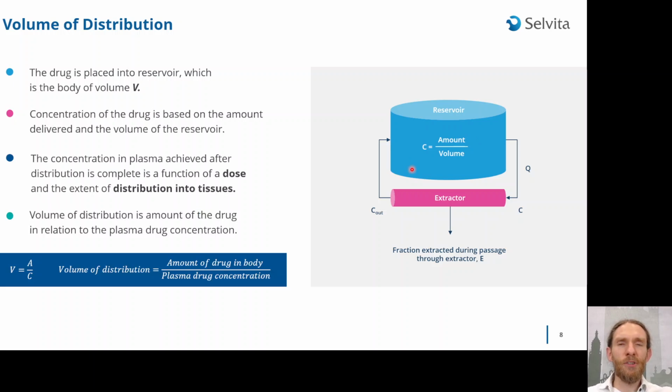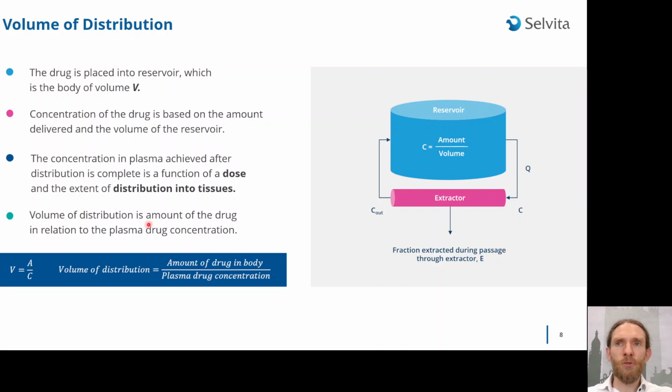And after the distribution is complete, the concentration of the drug in plasma will be a function of the dose and the extent of distribution into tissues. So the more of the drug gets distributed into peripheral tissues, the lower will be the concentration of the drug in plasma.